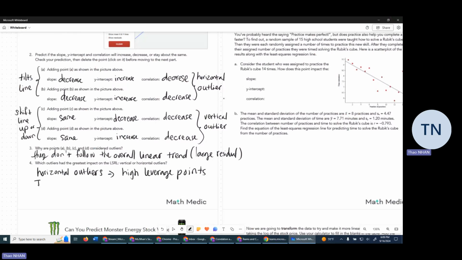Now we also have influential points. We call something an influential point when, if you remove it, it will substantially change the slope, the y-intercept, and/or your correlation.